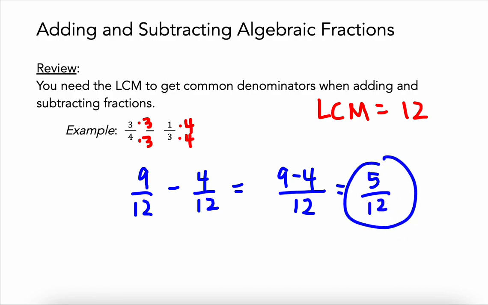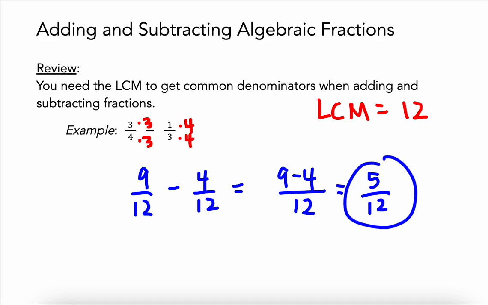Okay, so that's how we would add or subtract regular fractions with no variables or anything like that. So like I said, when we are adding and subtracting algebraic fractions, they follow the same rule. We just need to find the least common multiple so that we get common denominators, and then we can perform whatever operation it is, adding or subtracting.